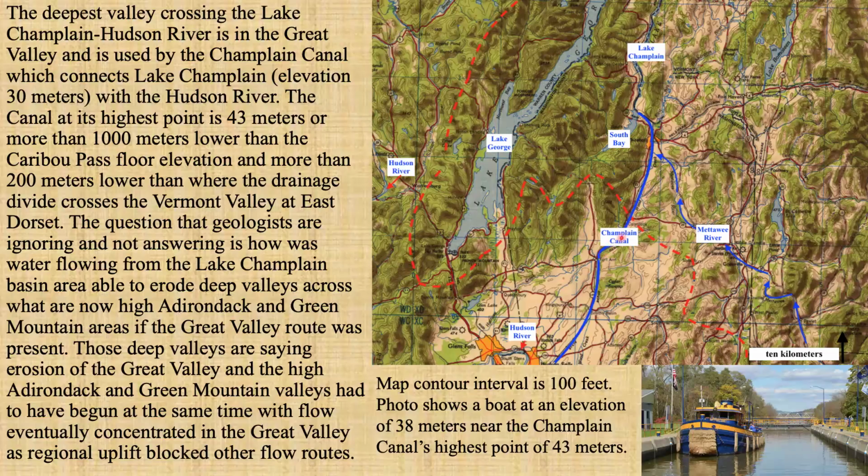And this is the lowest route. And as I mentioned, the elevation here at the lock near Whitehall is 43 meters. Lake Champlain has an elevation of 30 meters above sea level. And the Hudson River down here where the canal leaves it is pretty close to sea level.